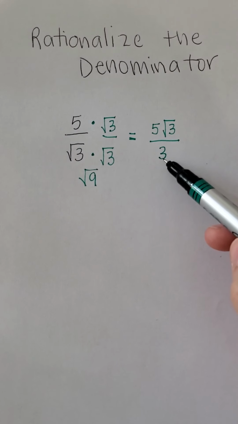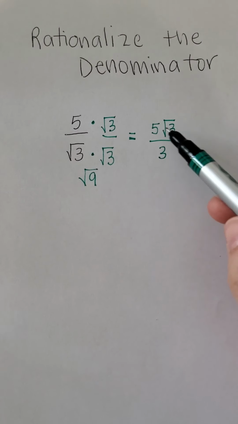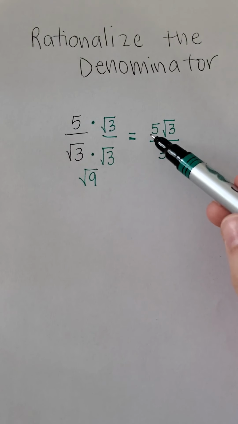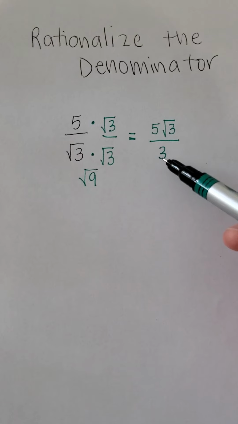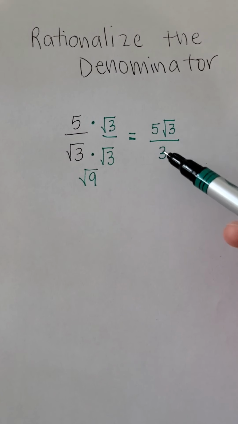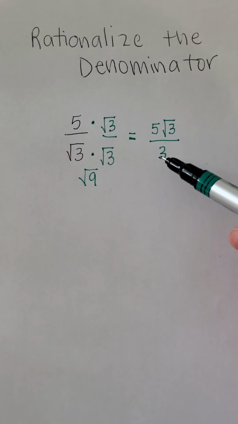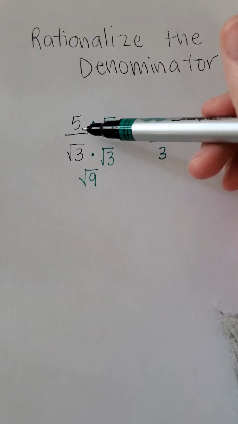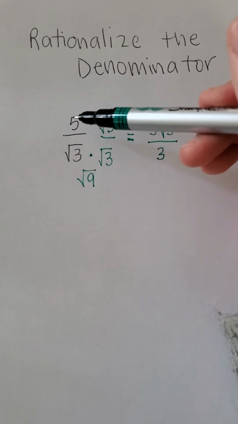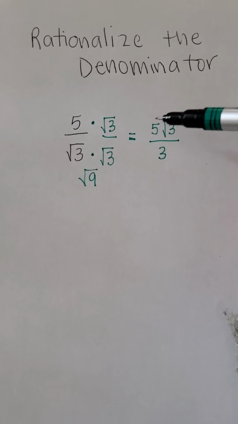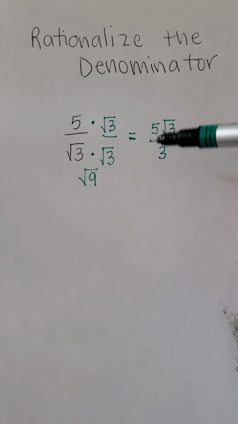So my new denominator is 3. And this is why I said sometimes you can simplify it even further. 5 over 3 does not simplify, but sometimes you can reduce those 2 whole number parts and the fraction itself starts looking a little bit smaller. But this fraction here and this are equal to each other. And in a multiple choice situation, this is the way that your answer is going to look.